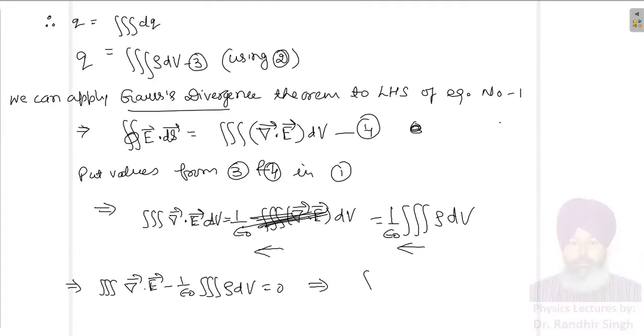I can take this integration common, then it becomes integral of del dot E minus rho upon epsilon naught, dv, is equal to 0. This is my equation number 5.